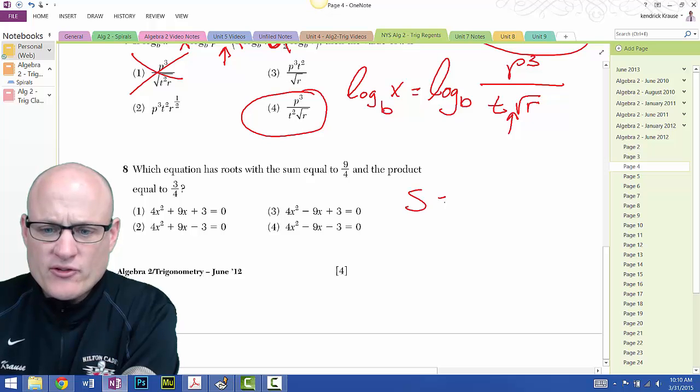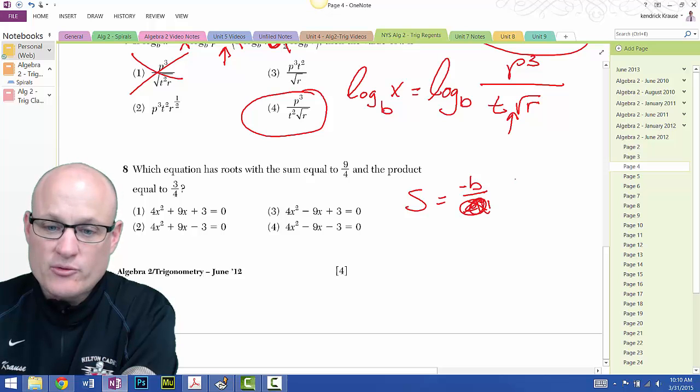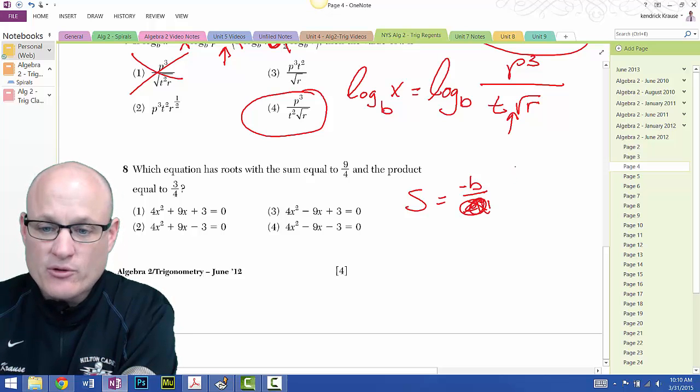The sum of the roots is equal to negative b over a. So what we'll do is say the sum of the roots is 9/4. So 9/4 is equal to negative b over a.